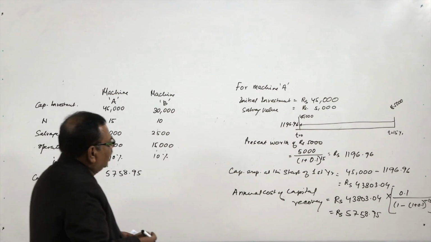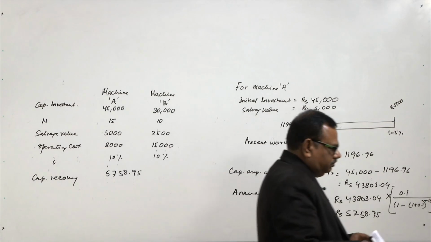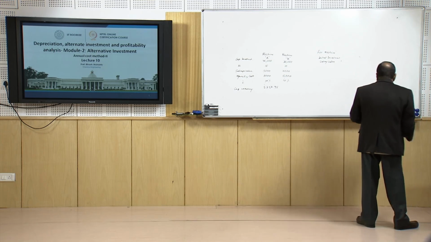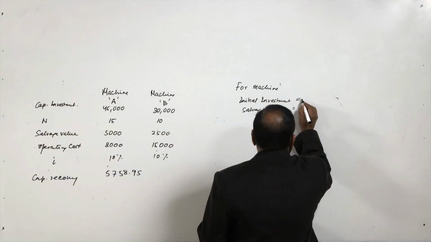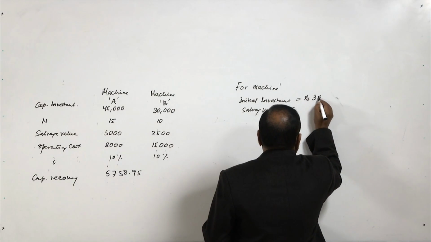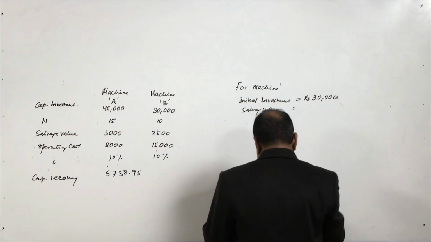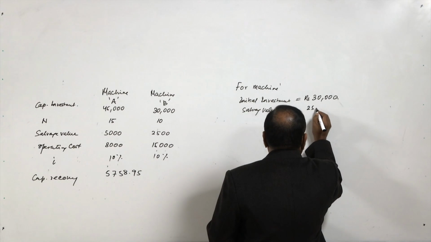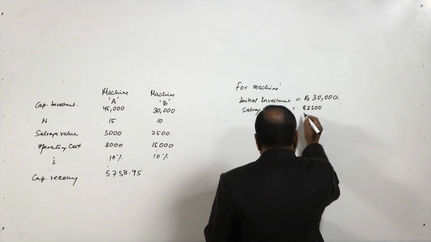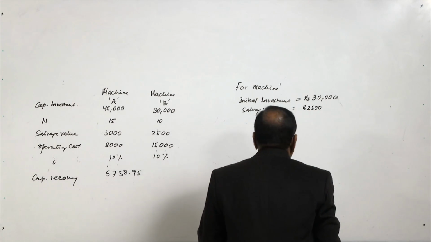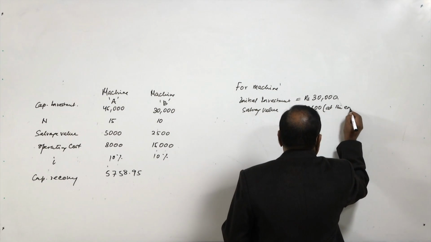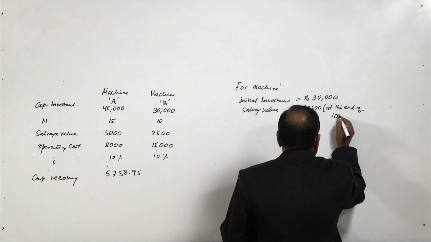Similarly, I should calculate for machine B. For machine B, the investment is rupees 30,000 and the salvage value is 2,500, which I am going to get at the end of the 10th year.